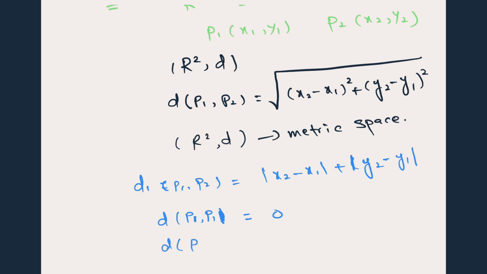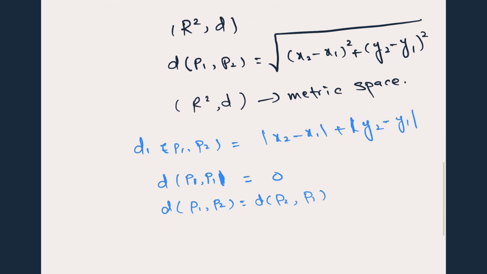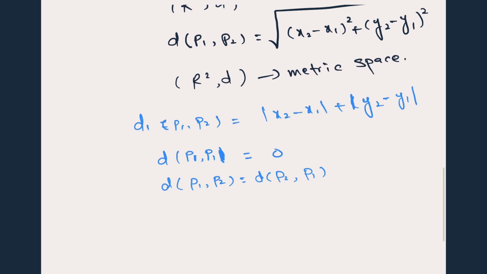Similarly, d(P1, P2) is the same as d(P2, P1), and the triangular inequality is also obeyed. So all the properties of a metric are obeyed. So this R2, D1 is actually a different type of metric space. The set is the same, but the metric space is actually different.